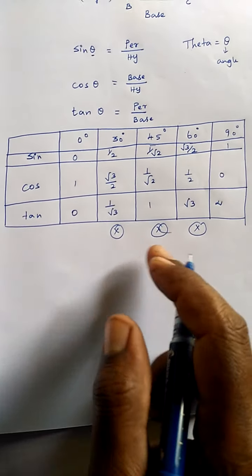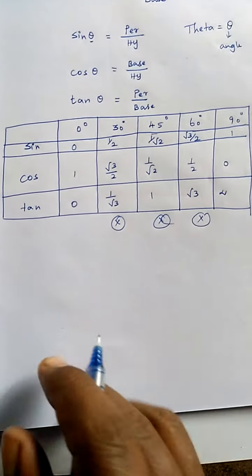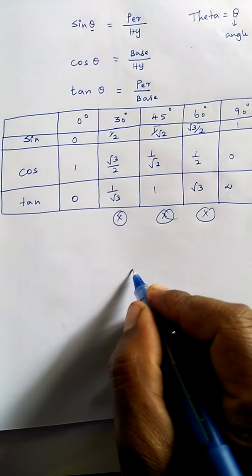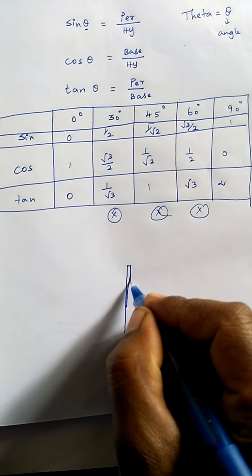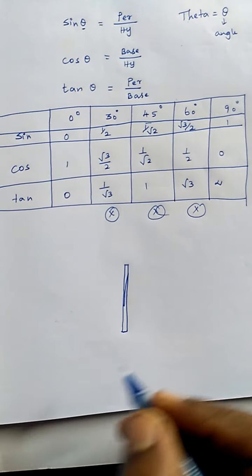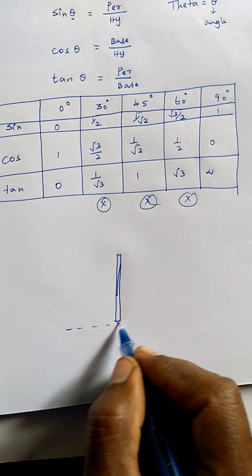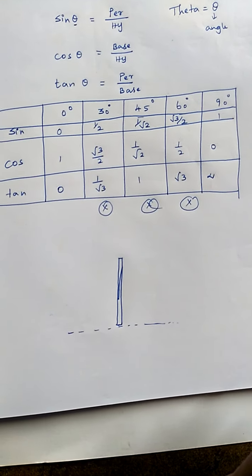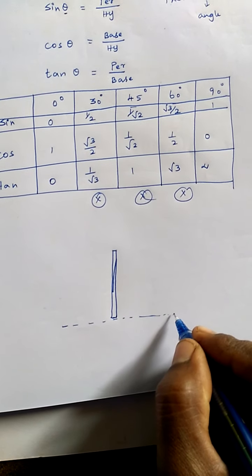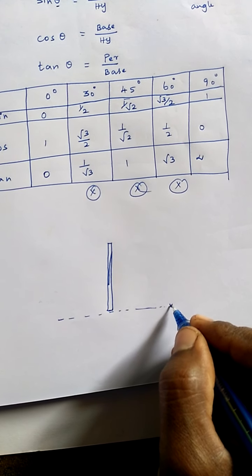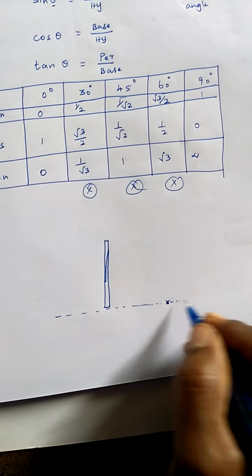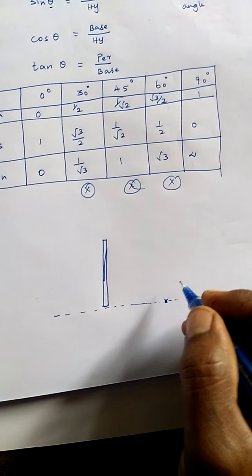Now I will tell you where we use this chapter. For example, there is a flag post. Let's take one flag. The flag is on the ground, meaning horizontal level. Maybe a man is standing here, and this is eye level.